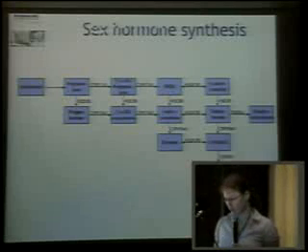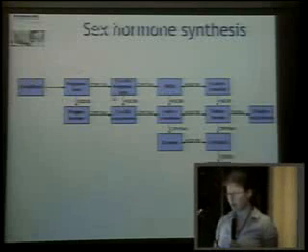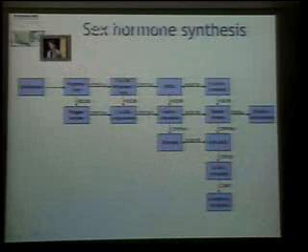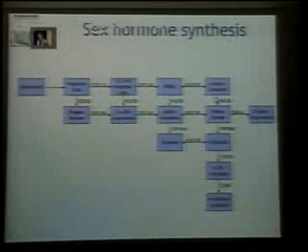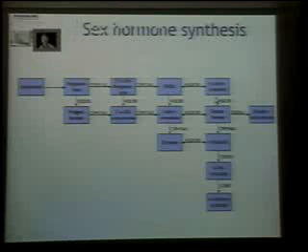It starts with cholesterol, which is transferred into pregnenolone and then on to progesterone, DHEA, estradiol, and testosterone. All these genes you see are, for instance, CYP17 and CYP19. Polymorphisms have been described. I only chose those polymorphisms which were already known to influence enzyme activity.